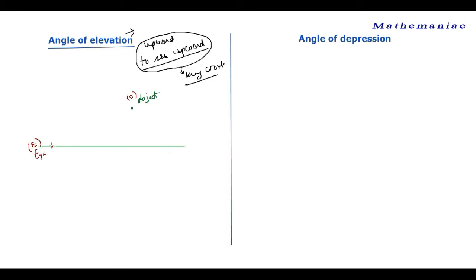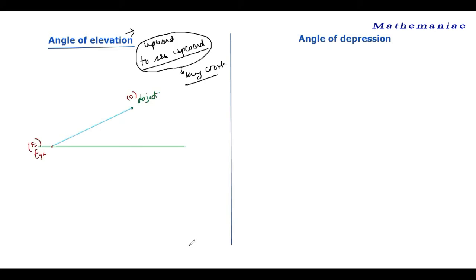You join your eye with the object, again with an imaginary line, right? The other line is also imaginary. Remember it.